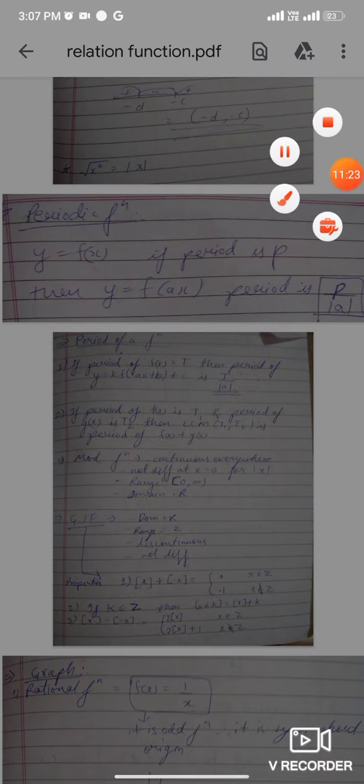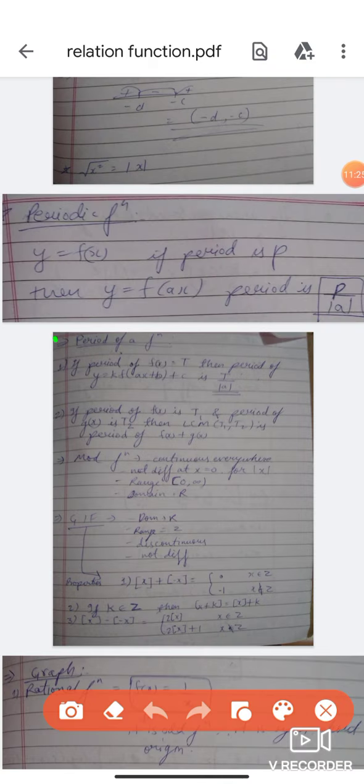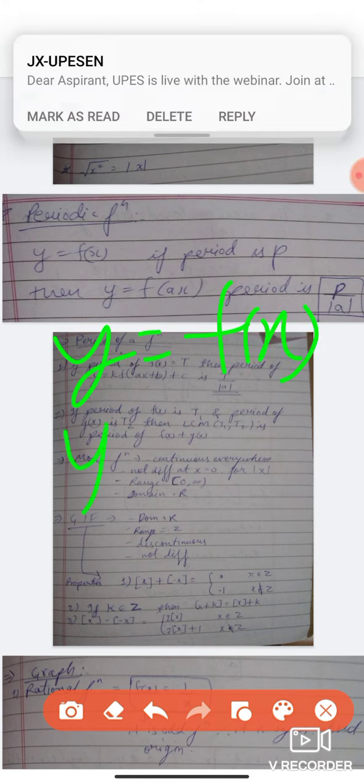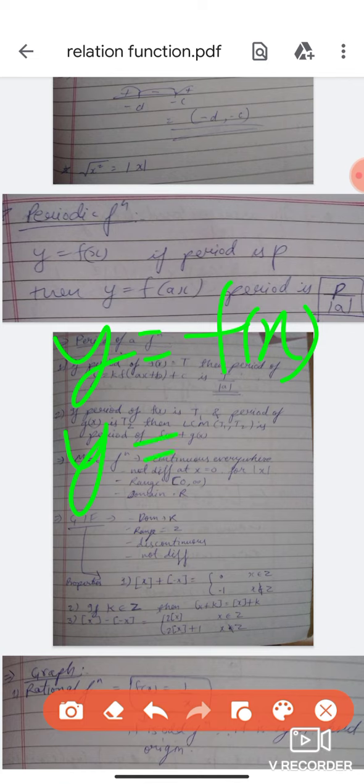Basically what is said here is that if you have y equal to f(x) for some function, and y equal to f(ax) is given, then what will be the effect on the period of y equal to f(x)?